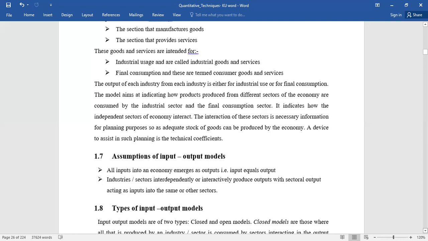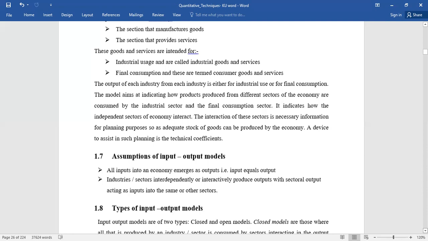Then secondly, industries or the sectors of the economy are assumed to be interlinked and they interact to produce outputs, with the sectoral output acting as inputs in the same or other sectors. So again, it's an assumption that process A output becomes process B input.